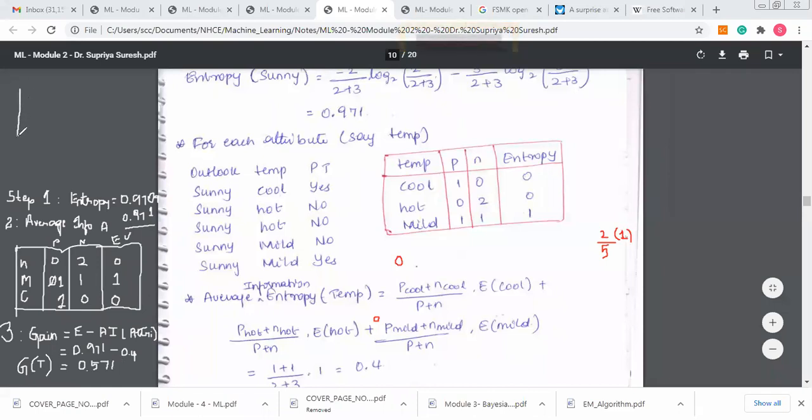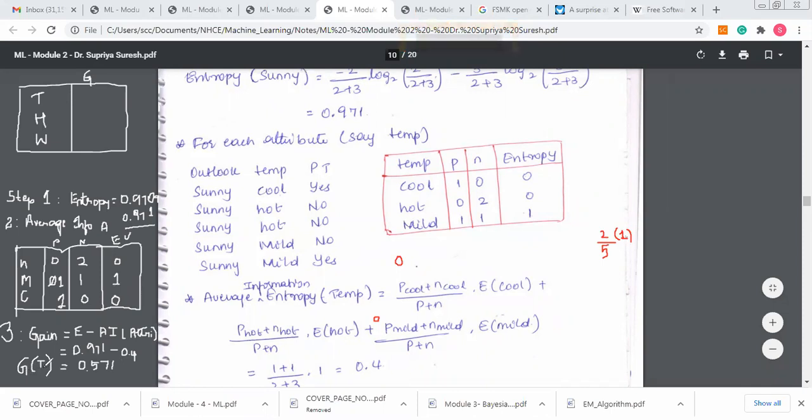Now I have to calculate a similar gain value for the other two attributes, humidity and wind. I've done it for temperature. I want you to do it for humidity and wind and come up with a table having the gain values with respect to temperature, humidity, and windy.